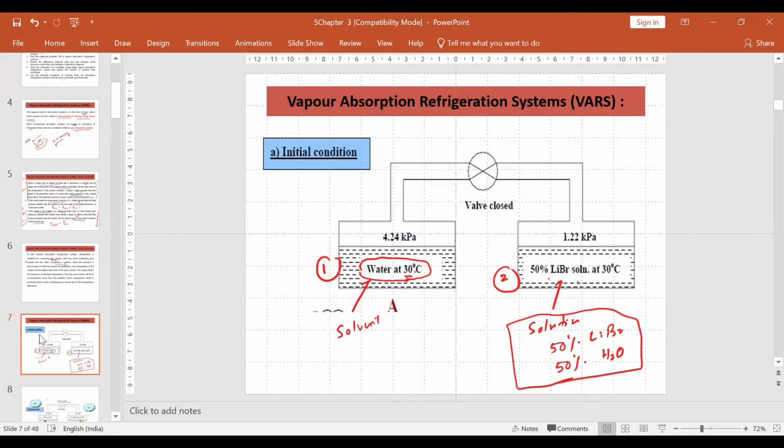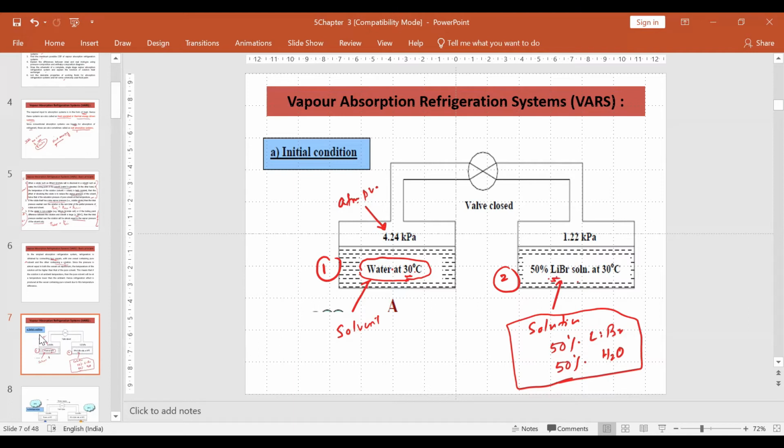So at 30 degrees centigrade, this is the atmospheric pressure, 4.24 kilopascal. So it is maintained here. Now, because we are adding lithium bromide, what happened?